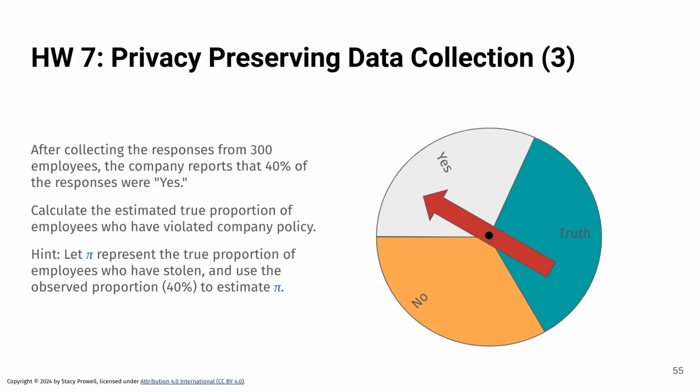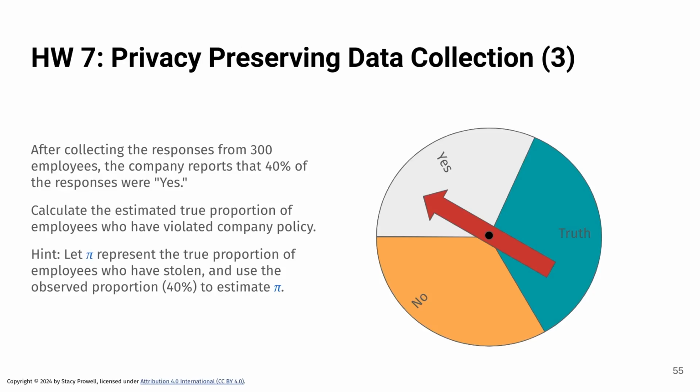About 1/3 of the time, I would land on no. And about 1/3 of the time, I would land on truth, and the people would say no because they've never stolen. That means that I would expect to get about 33% yes. But I don't get 33% yes, I get 40% yes. So it feels like there's something going on there where maybe there are some people who've stolen from the company.